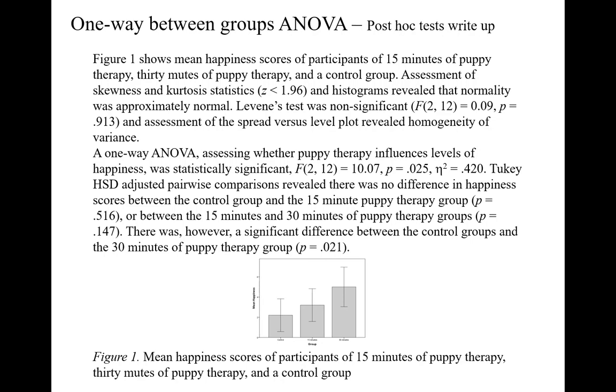Next week we're going to go on to doing a factorial, from memory. I haven't done those lectures yet, but I think we're doing a factorial between groups ANOVA. And then after that we're going to get into repeated measures, where we start mucking around with the same groups being compared over different time points, and then we'll get onto some other analyses over that. But that's the end of the one-way between groups ANOVA.